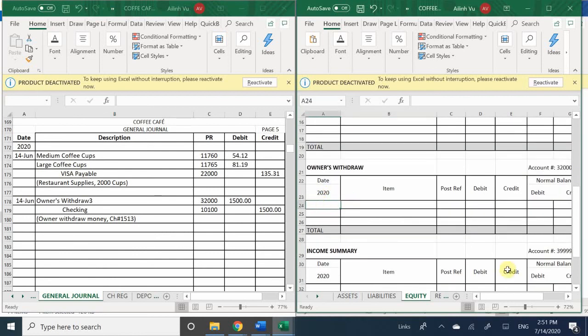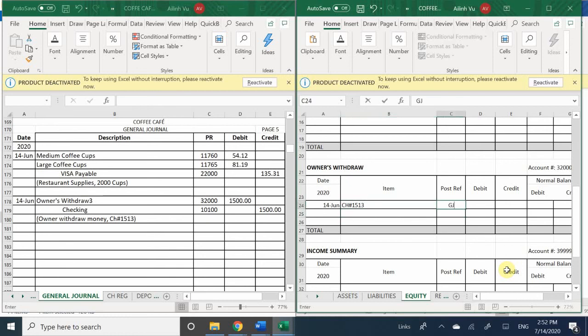Under owner's withdrawal. Okay. My date is going to be the 14th. You don't have to have a real description, because you're just taking money out. Oh, yes, check number, good one. So check number 1513. Okay.